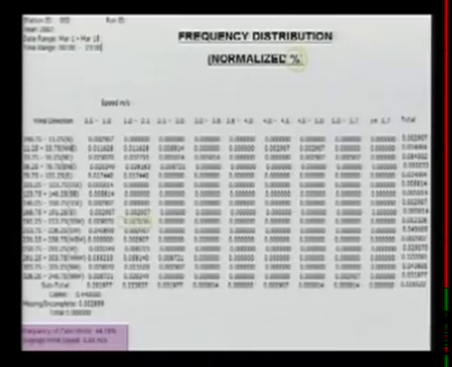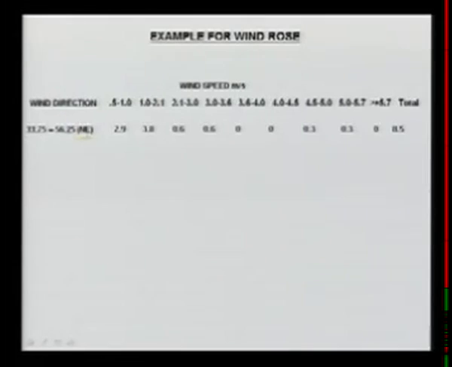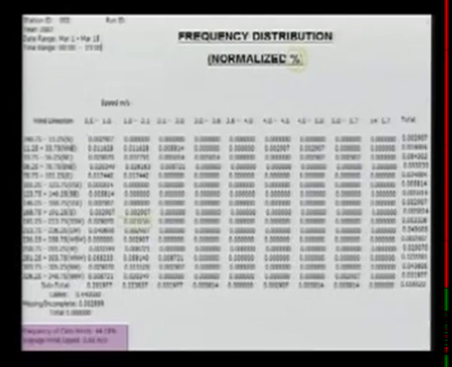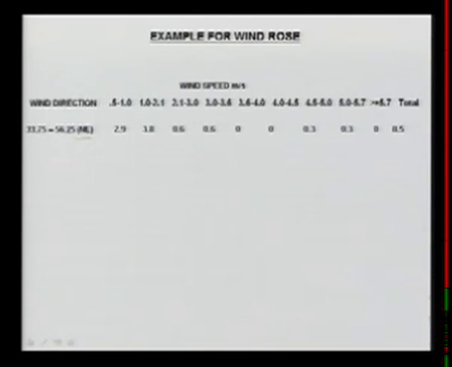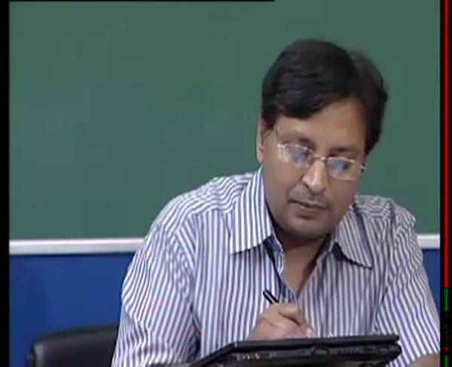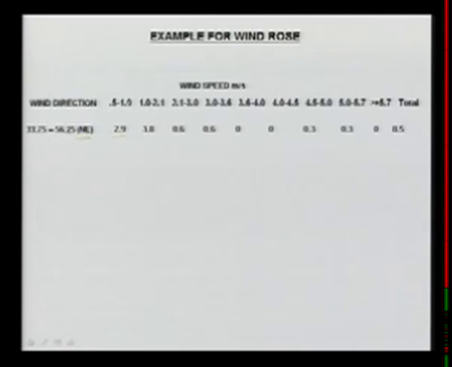So for example, what I have done in the next slide is taken the wind direction northeast, lifted this data from this table, multiplied it by 100 and rewritten it. So it means out of all the hours in my consideration, 2.9% of the time the wind direction was this and the wind speed was this.